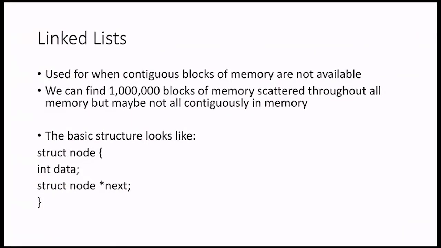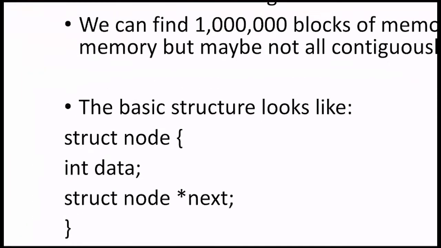The basic structure for the most part is struct node, and then you have int data and struct node star next. So that star is just a pointer. I remember the first time I saw this struct node with a struct node inside, it's kind of weird to look at, but it's pretty much just pointing to another. It has the potential to point to something of its own type.